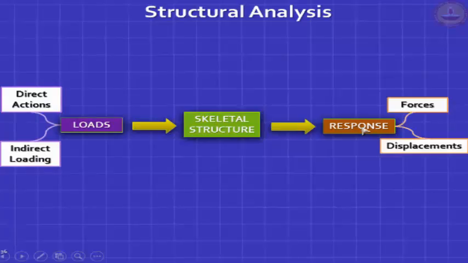And what is the response? Well, response are of two kinds: force response and displacement response. If your structure is a beam, then the force response is made up of your support reactions and your internal forces, which are bending moments and shear force.